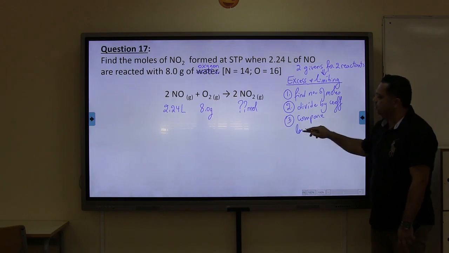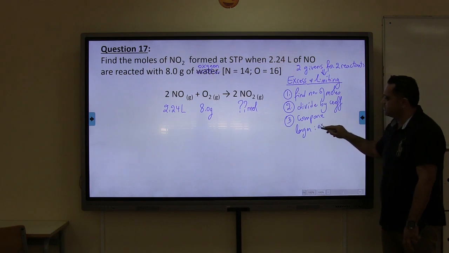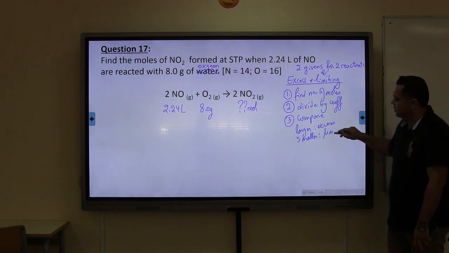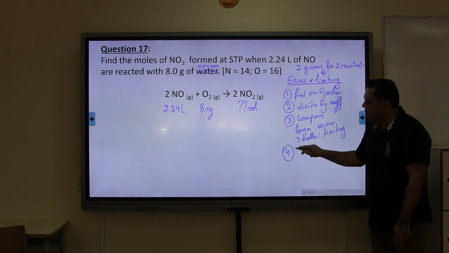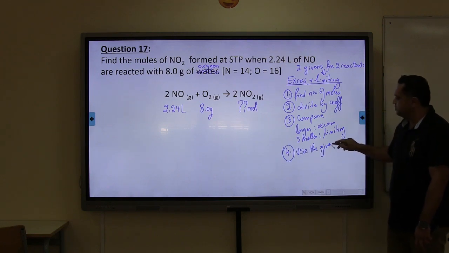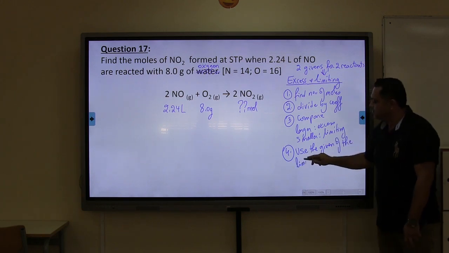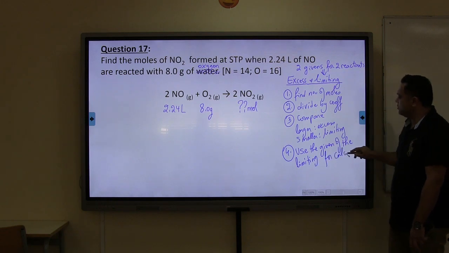The larger number will be the excess, and the smaller will be the limiting. And the fourth step, I will use the given of the limiting for the calculation.